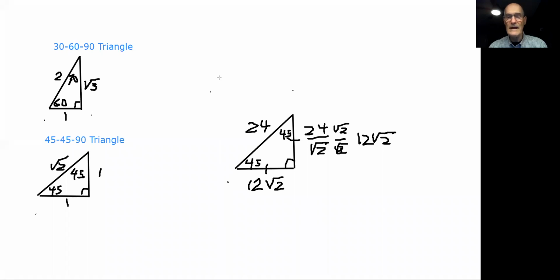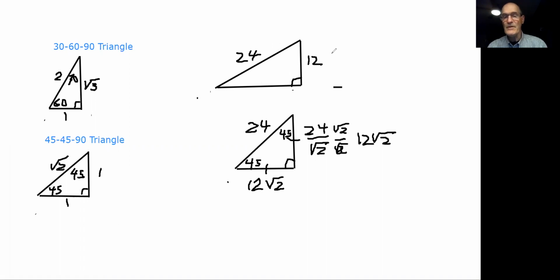If I have a triangle that looks like this, for instance, and I tell you that this side here is 24, and this side right here is 12, and it's a right triangle, then you know automatically that it is a 30, 60, 90 triangle, because the short side is half the hypotenuse.